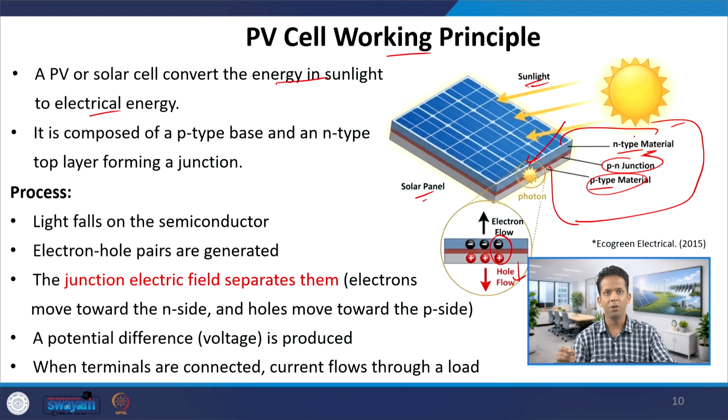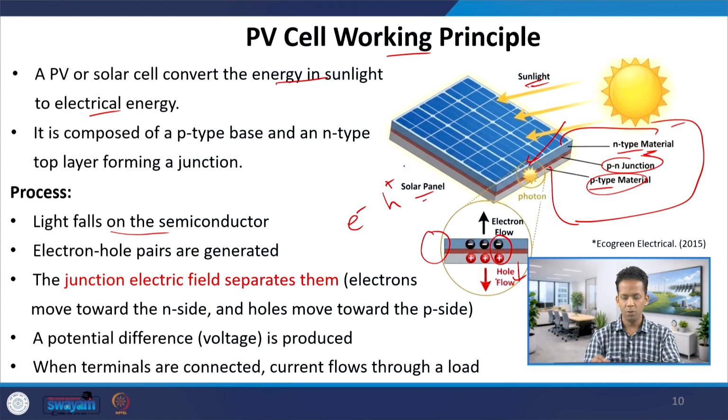N-type material is at the top layer, and the two form a junction. As I explained just now, the light falls on the semiconductor, and because of the energy of photons incident on the surface of the panel, electron hole pairs are generated. So that's the electron, and then there will be a positively charged hole.